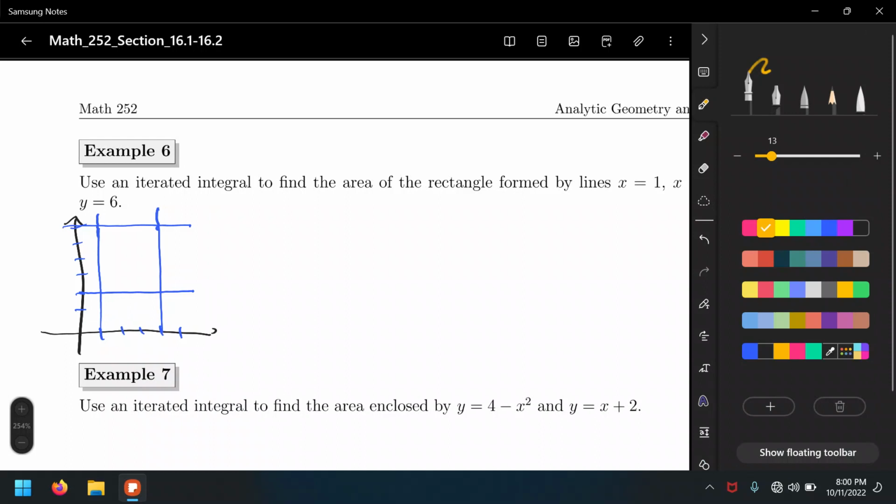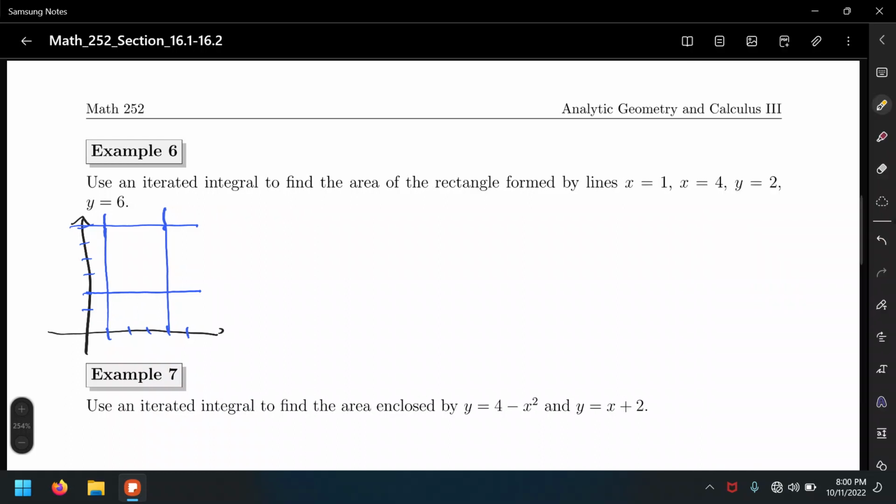Number one, let's determine whether this region is vertically simple, horizontally simple, or even both. If we try these vertical lines, notice y equals 6 is always on top of y equals 2. So indeed, this region is vertically simple. On the other hand, let's see if the other test works. For horizontally simple, is x equals 4 always to the right of x equals 1?